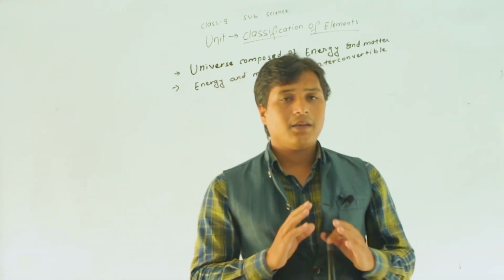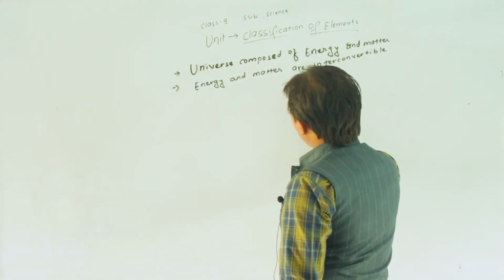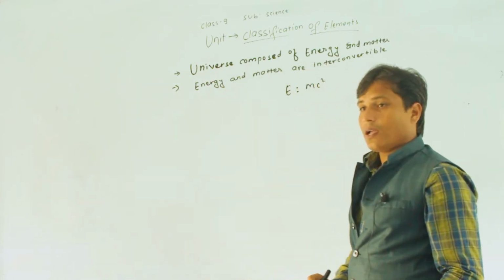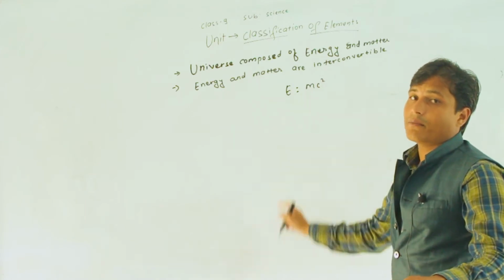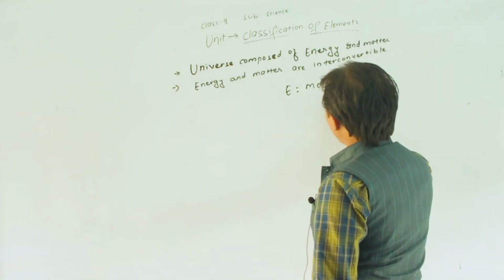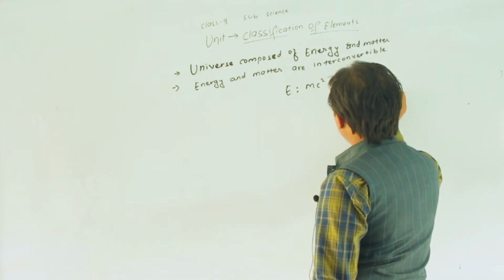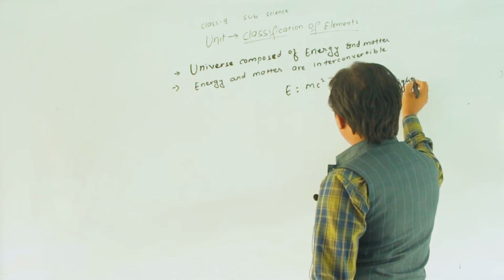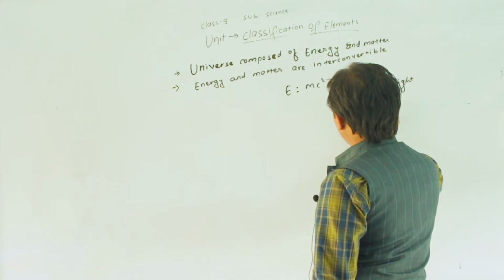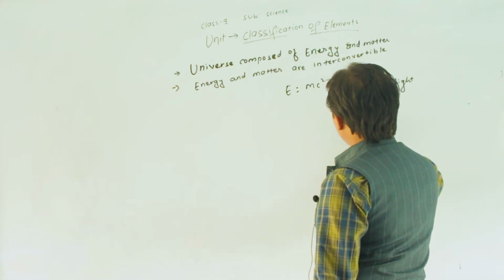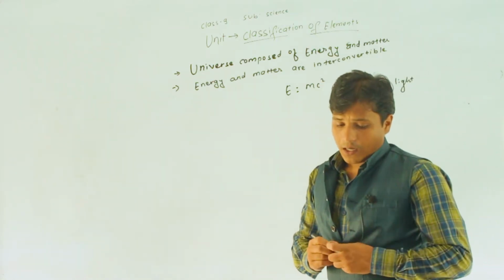And E equals mc squared, where E is the energy, m is the mass, and c is the velocity of light.